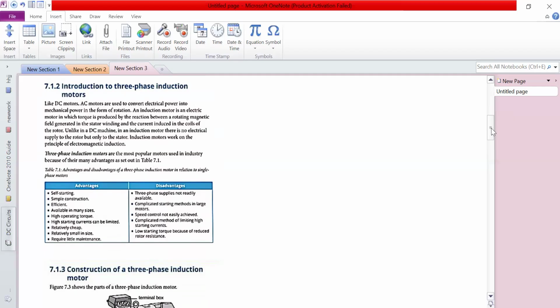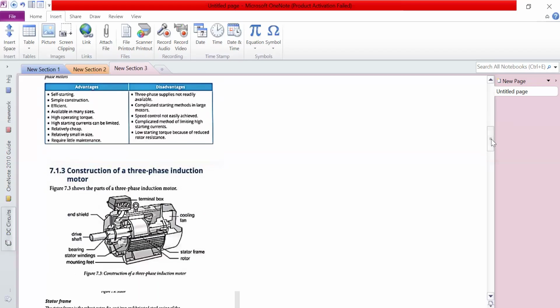They have a simple construction, are efficient, available in many sizes, have high operating torque, are relatively cheap, and relatively small in size. Then the disadvantages: three-phase supplies are not always readily available, like they're not available in domestic areas. They have complicated speed control. They also have low starting torque.